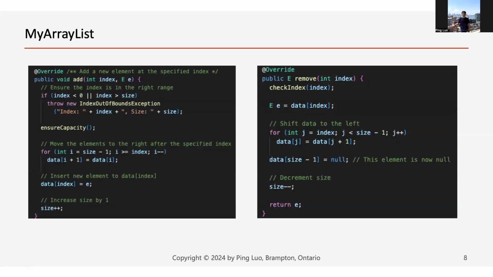Similarly, for remove, we first get the element, maybe print it out, because you can see this method has a return value, since usually the remove method also gives you this element. But after that, we still need to start from the current index and move everything to the previous location. That's how we can implement these two methods using Java.